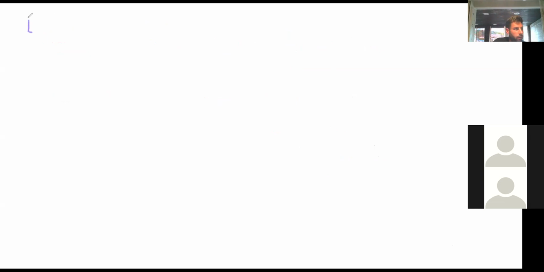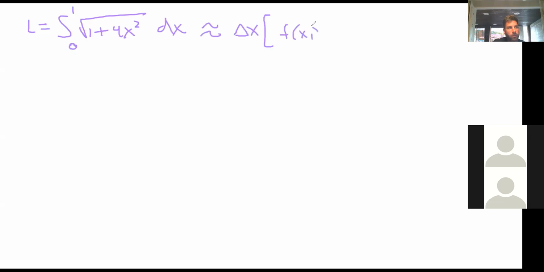Our integral is the integral from 0 to 1 of the square root of 1 plus 4x squared dx. So this is approximately the following. It's going to be delta x times f of x sub 1 plus f evaluated at x sub 2 plus f evaluated at x sub 3 plus f evaluated at x sub 4.